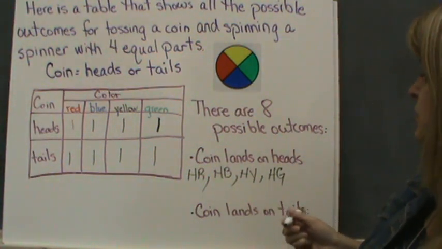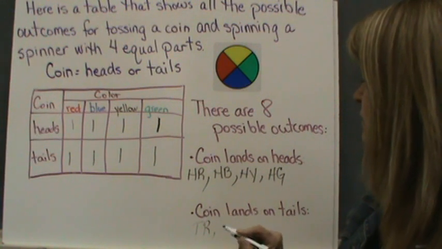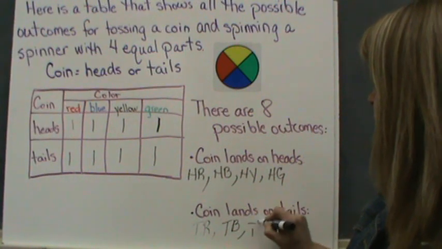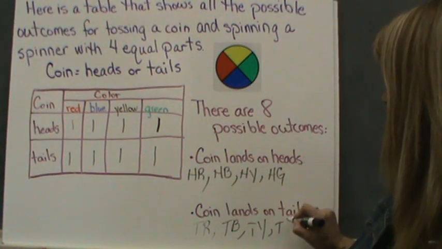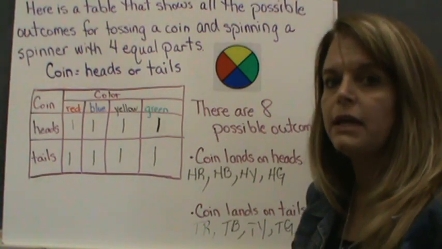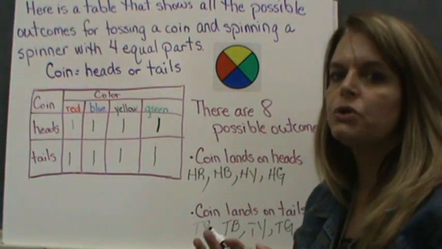If my coin lands on tails, I can get tails red, tails blue, tails yellow, or tails green. There are only 8 different combinations I can get with 1 coin and 1 equally portioned spinner.